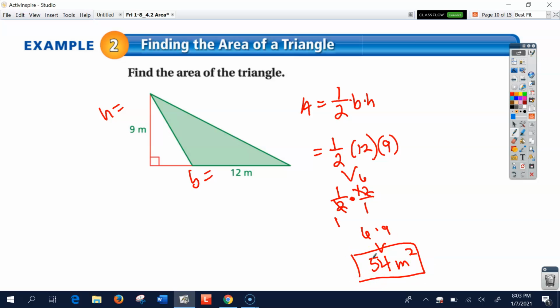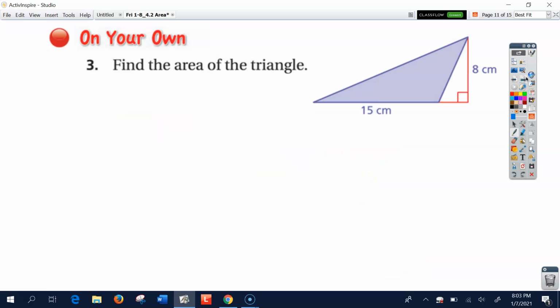Okay, so the reason that I multiply by 1/2 is because I didn't want to do 12 times 9 and then divide by 2, because I felt like that was getting to be a bigger number than I wanted to work with. Okay, so now you guys have one more example that's sort of like the one that I did. Pause this. Label your base, label your height.